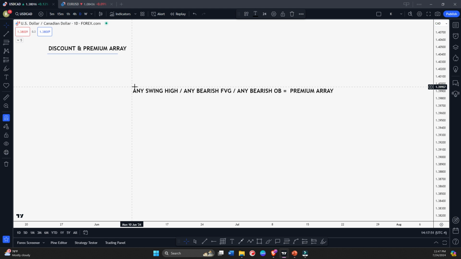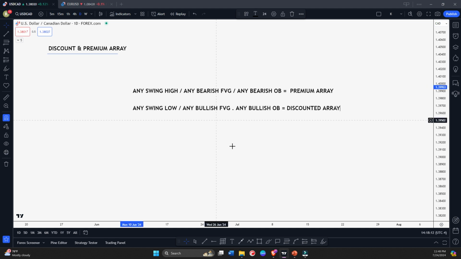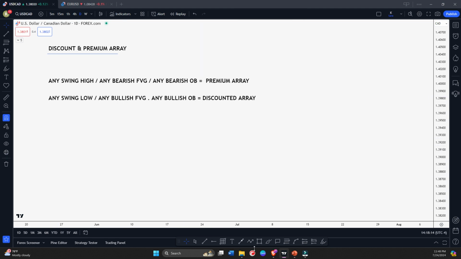And just the opposite: any swing low, any bullish FVG, and any bullish OB, people refer to as a discounted array, okay? So don't get confused.